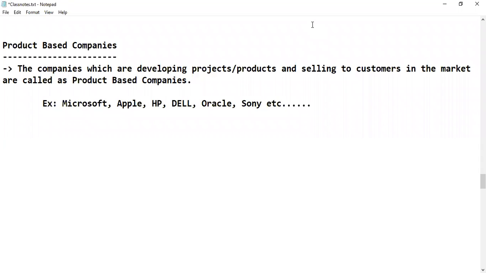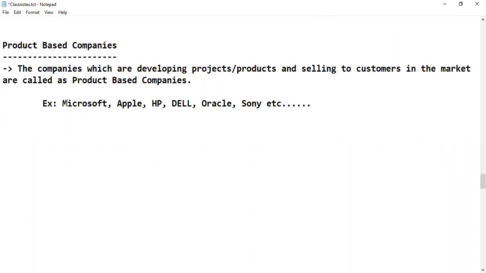Now, in your computer, you are using one operating system. Did you ask Microsoft company to develop that operating system for you, the Windows operating system? No. Microsoft company got the idea to develop one operating system. They developed that operating system project and they are selling it in the market.